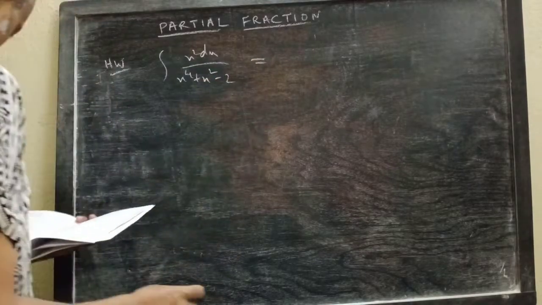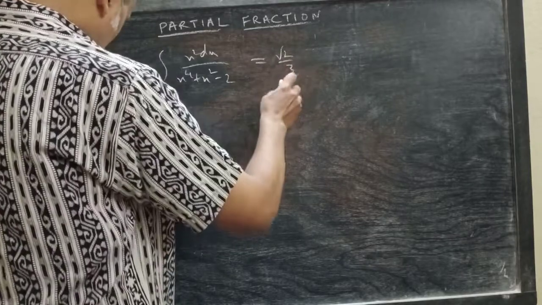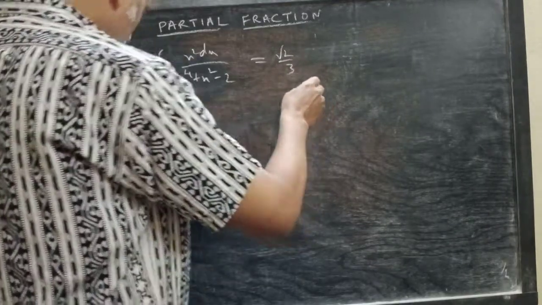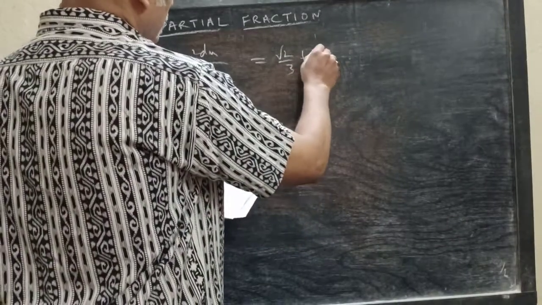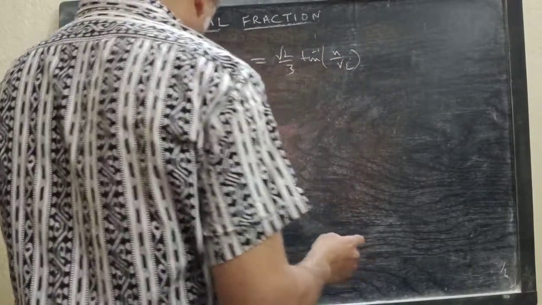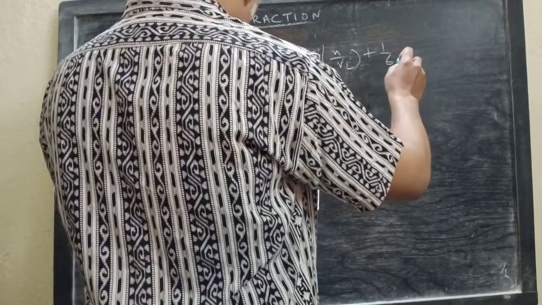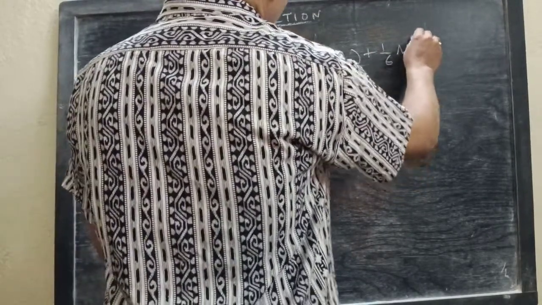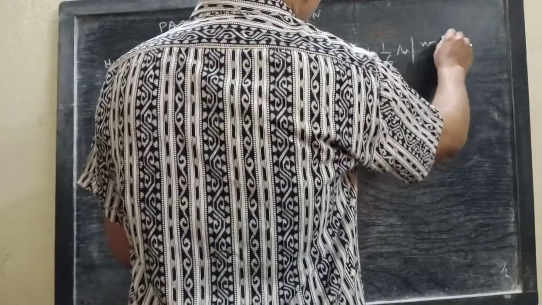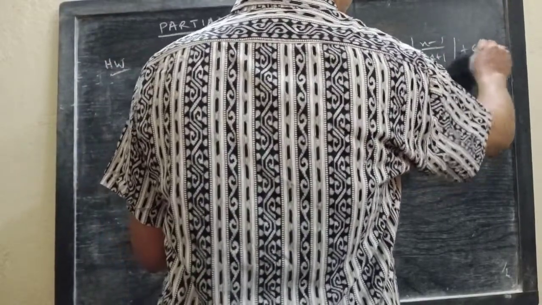So the answer is root 2 by 3 tan inverse of x by root 2 plus 1 by 6 ln of mod of (x minus 1) by (x plus 1) plus c.